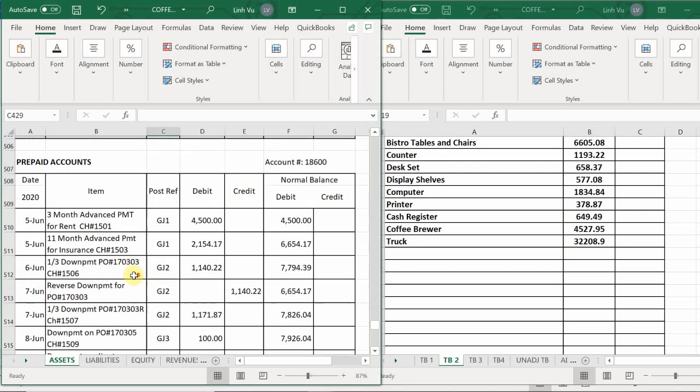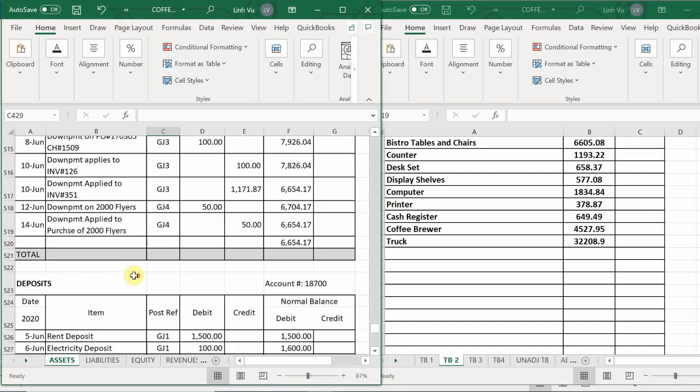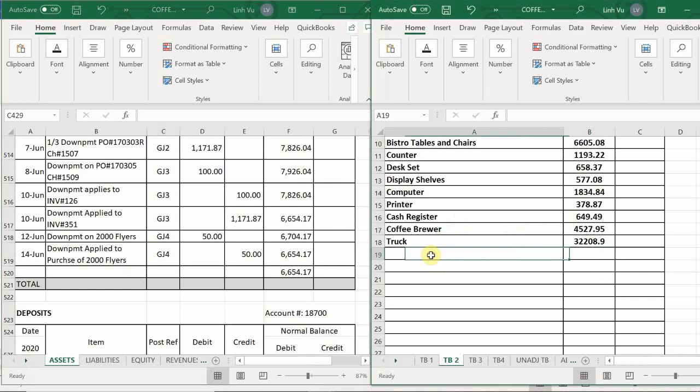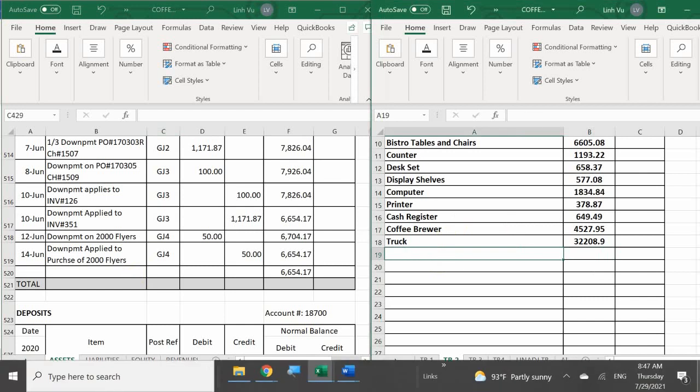We have prepaid accounts, right? We use this a lot. So let's see, what is our account balance in the prepaid accounts? 6,654.17.